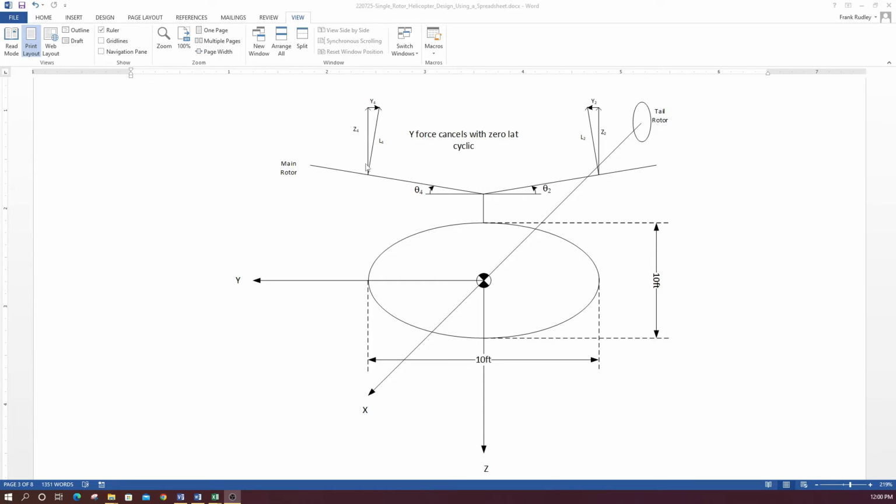Likewise, the Z force again is the cosine of this angle, say theta 4, and on this side it's theta 2. And the Y force, say for example Y4, is the sine of this angle. The small one is the sine of the angle, and this would be the cosine of the angle times the lift.